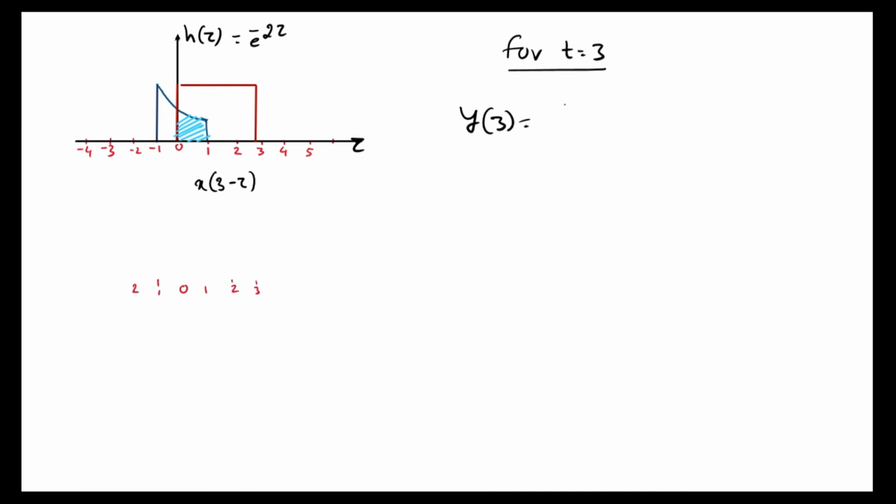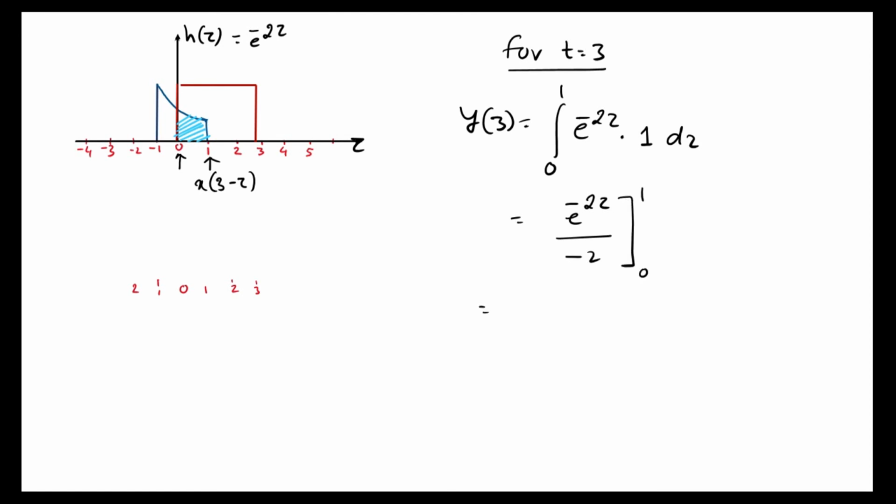y of 3 is equal to the integration with lower limit 0 and upper limit 1, that is, 0 to 1 of h of tau, that is e power minus 2 tau, times x of t minus tau, which is 1, d tau. Simplifying this, we'll get e power minus 2 tau divided by minus 2, with limits 0 to 1.